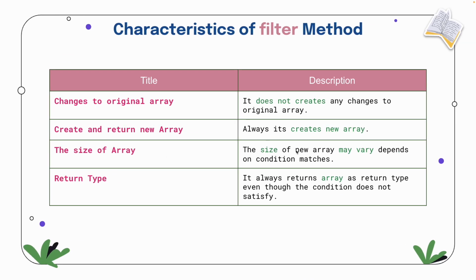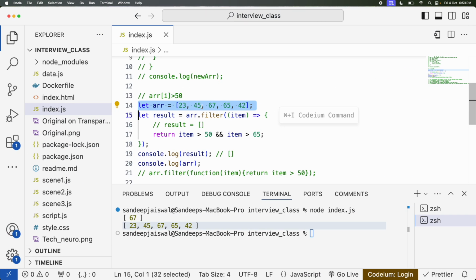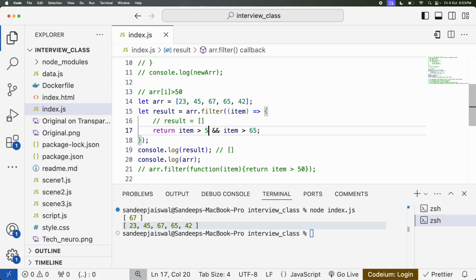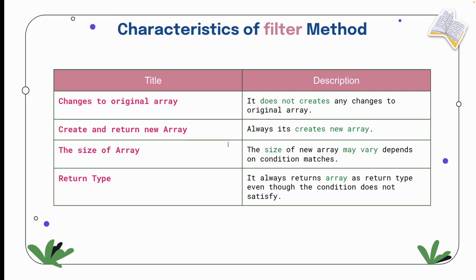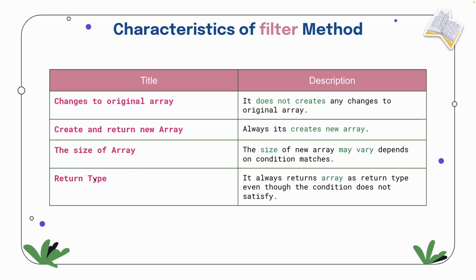The size of the new array may vary depending on condition matches. Like let's suppose if I write the condition as greater than 20, then size will not change. Size will be the same because greater than 20 means all are satisfied, right? So that time all will be returned, so size will be the same. But if any condition is wrong, then it will be false, so size will be different. Understood?